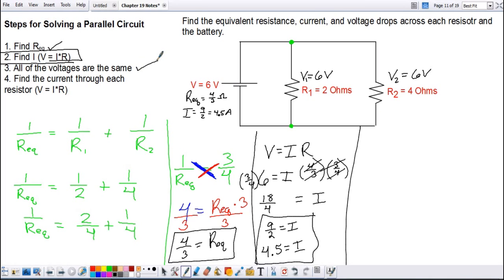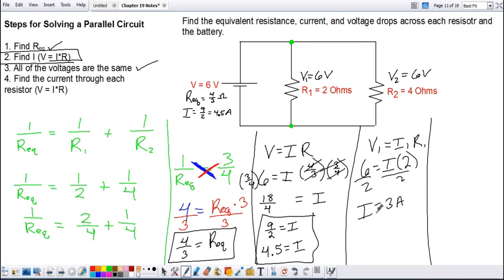Find the current through each resistor. Okay, so let's find the current through the first resistor. Again, use Ohm's law. The voltage at the first is equal to the current at the first times the resistance at the first. So 6 is equal to the current times the resistance, which is 2. Divide both sides by 2. Our current is 3 amps.